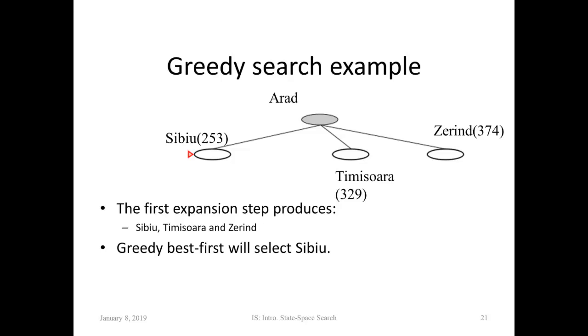And again, the only thing we do is we look at the beeline distance between those possible new successor states and Bucharest, and in the greedy way, we order them, and we start from the top one in the list, the best one, and continue our search there. So this is the expansion procedure, our three options, and the greedy best first search algorithm will choose Sibiu.